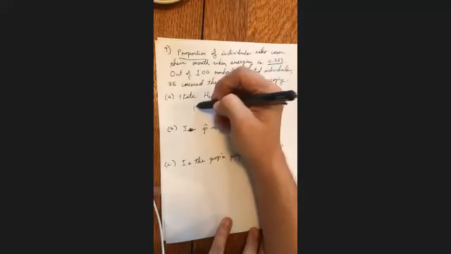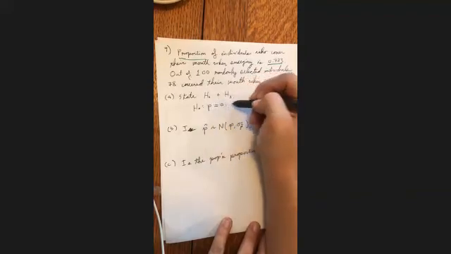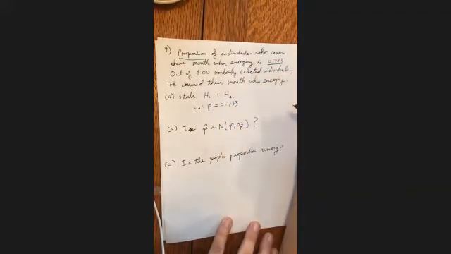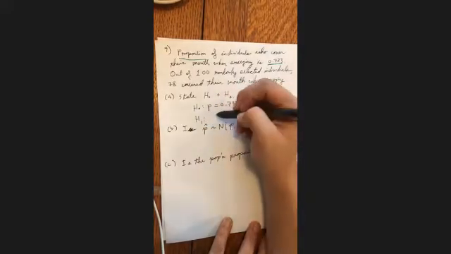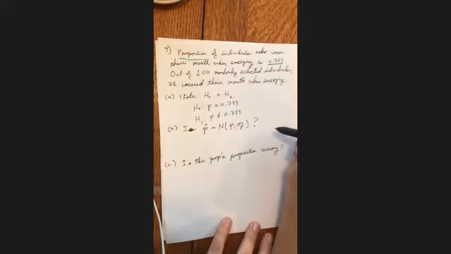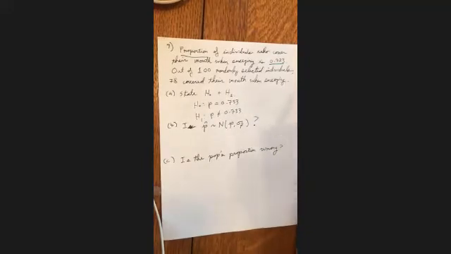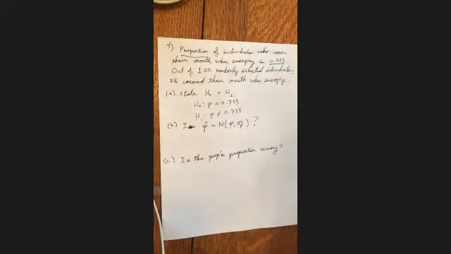So the null hypothesis would simply be that P is equal to 0.733. The alternate hypothesis would then be P is not equal to 0.733. And we're going to assume it's a two-tailed test since there's not much other information provided. And as we'll see, the claim will be simply that the proposed population proportion is wrong.